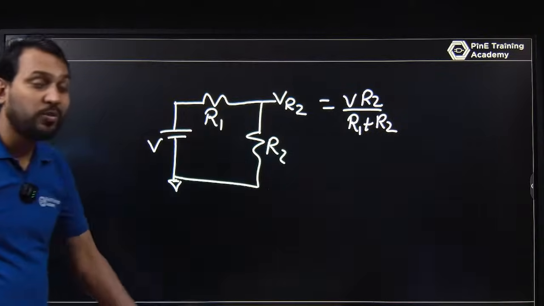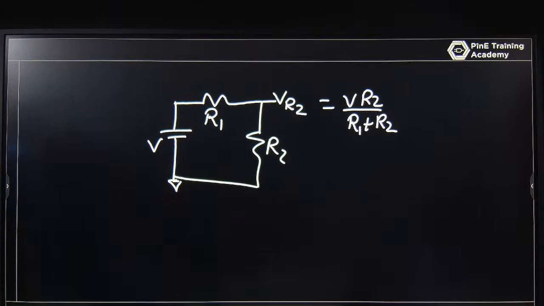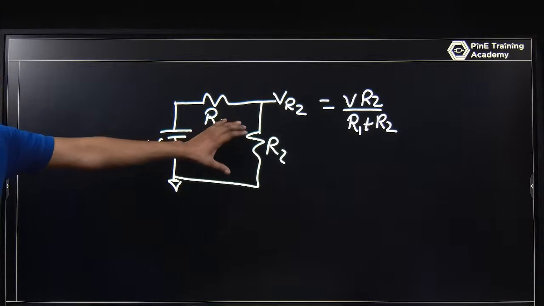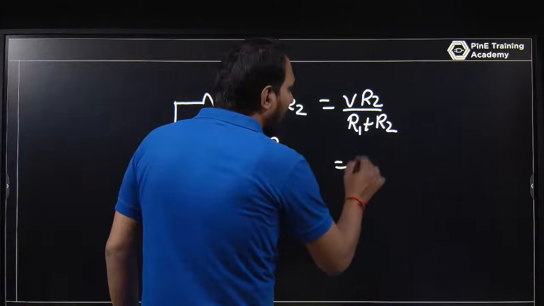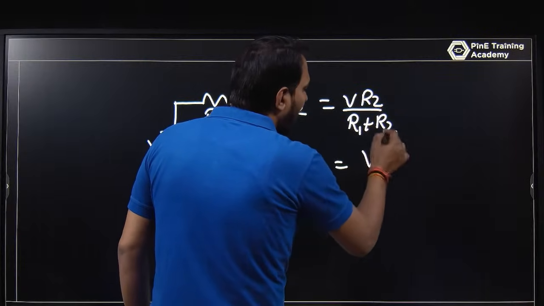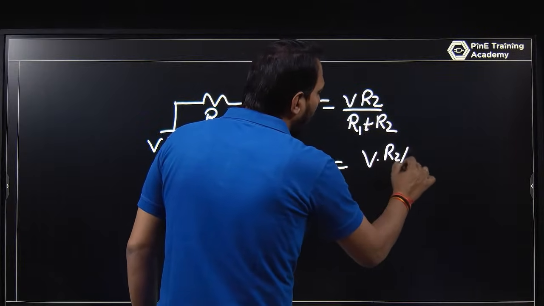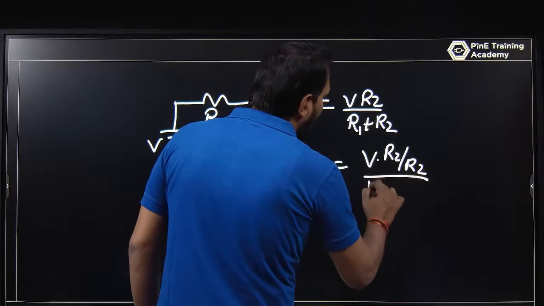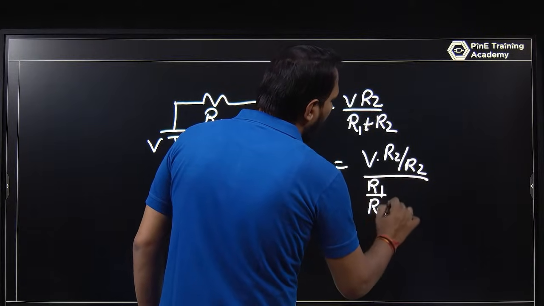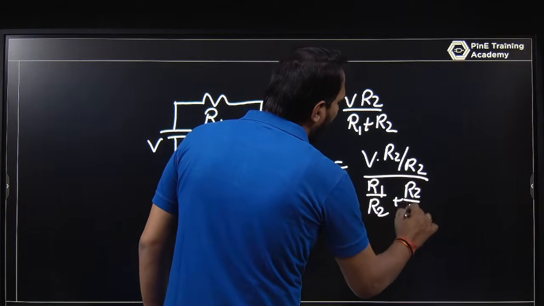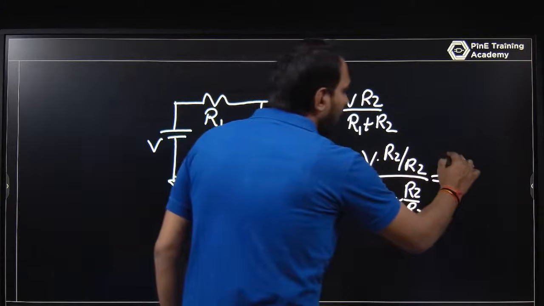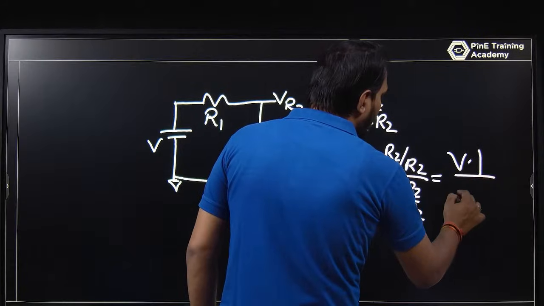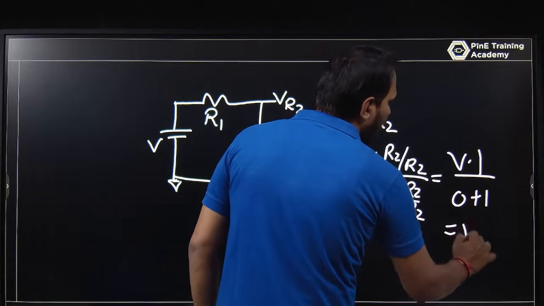If R2 is very high, let R2 be infinite, which means open circuit, you can divide by R2: V into R2 by R2, upon R1 by R2 plus R2 by R2. R2 by R2 becomes 1, so this is V into 1 upon 0 plus 1. So this is V.